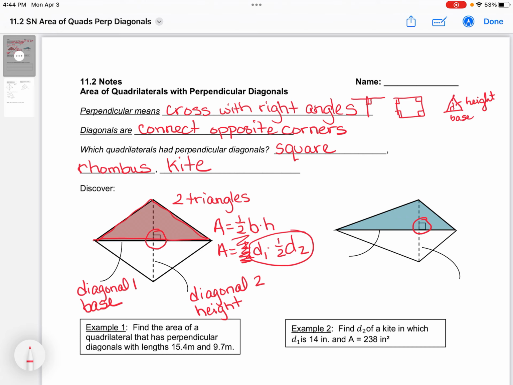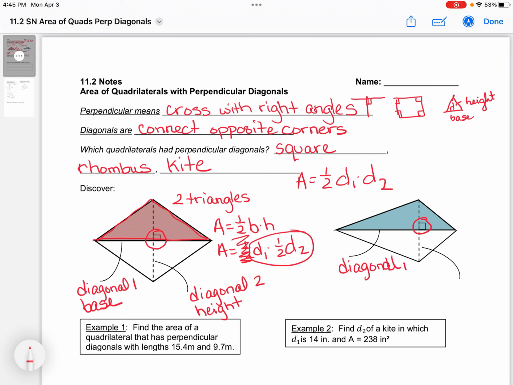So when you're finding the area of kites, you're going to use the formula the two diagonals times each other times 1/2. Because we have two triangles and the triangles end up meeting in the half of the diagonals.